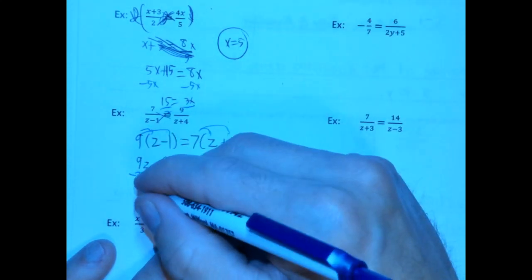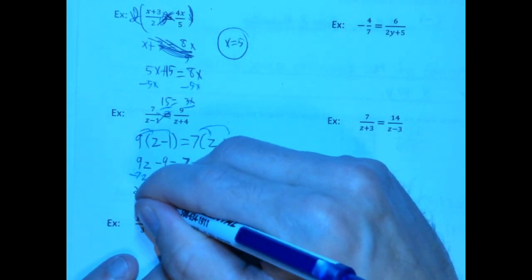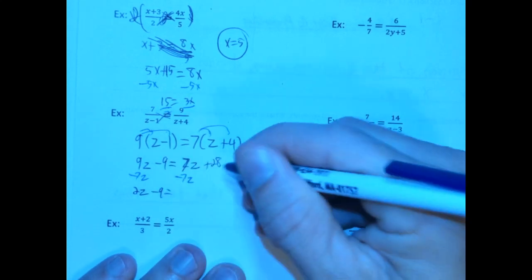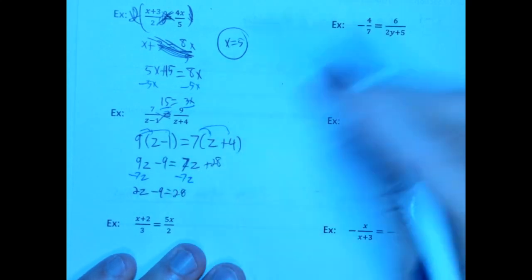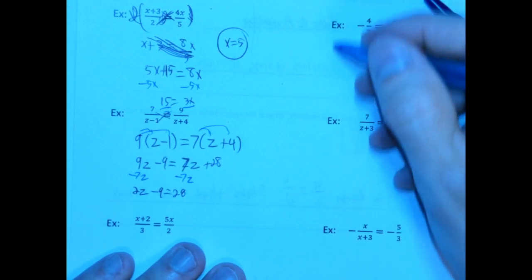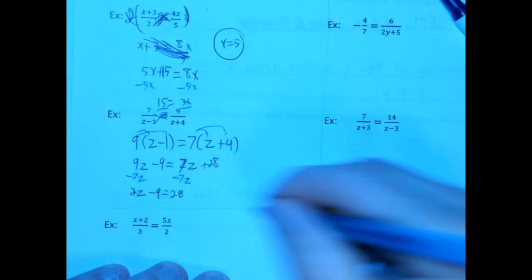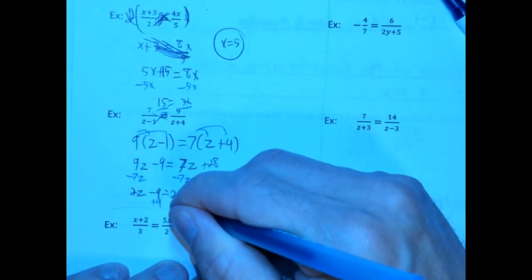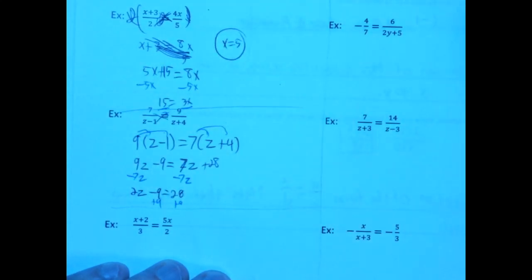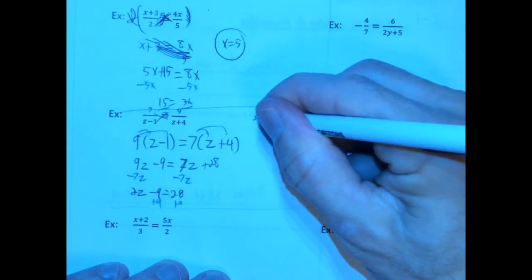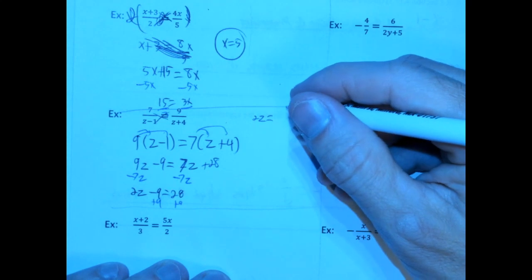There's a lot of algebra, isn't it? It's basically all algebra here. 2z minus 9 equals 28. We're going to add 9 to both sides. Plus 9 here. And 2z is going to be equal to, let's see, 37?